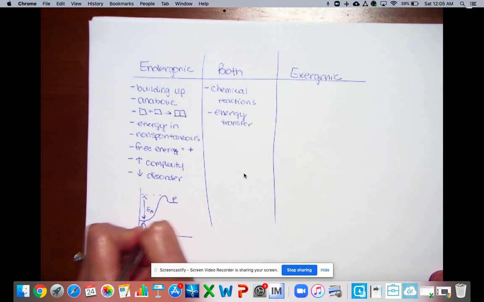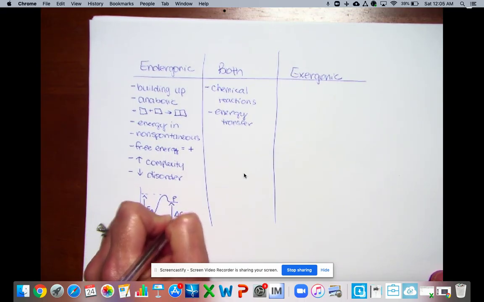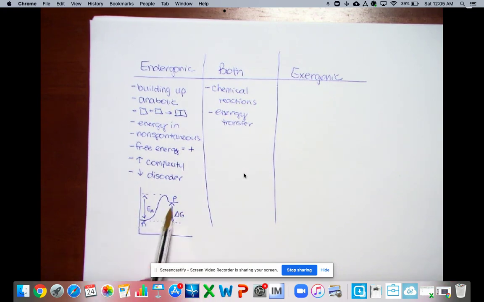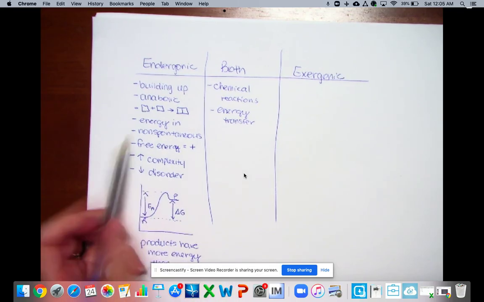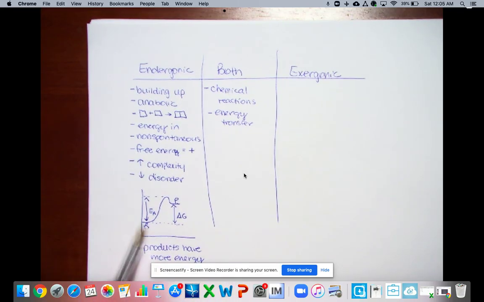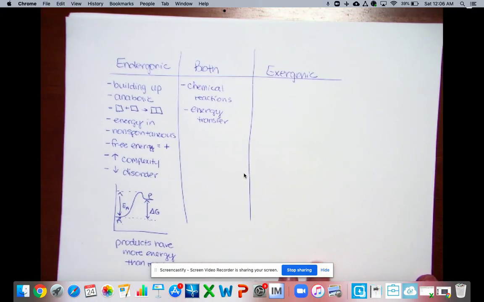And the difference in energy from your reactants to your products is that free energy, that delta G. And so you can see it's going up because it is positive. So your products have more energy than reactants. So this again goes back to you had to add energy in, because if you had, let's say, 100 calories here and 200 here, then you had to add that energy to get to that 200.